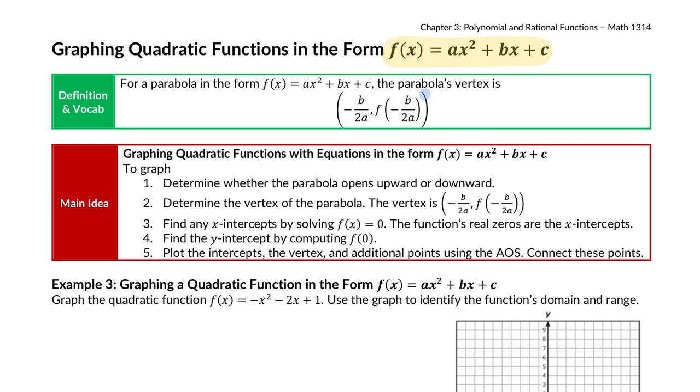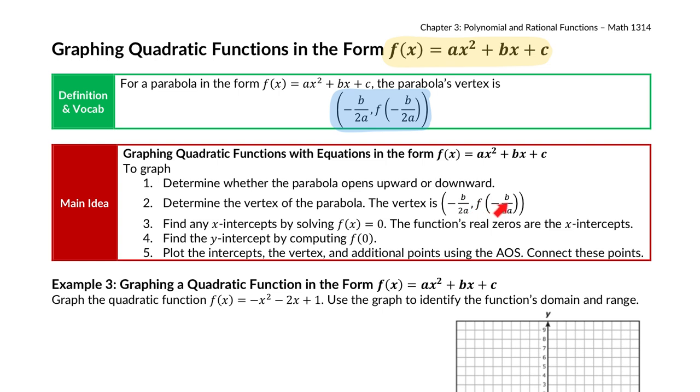The vertex from standard form is found by doing negative b over 2a, comma f of negative b over 2a, which looks really complicated. All we have to do is figure out what this number is and then plug it into the function. That's all this says to find our coordinate. Other than that, the steps are all the same. We determine whether it opens up or down.